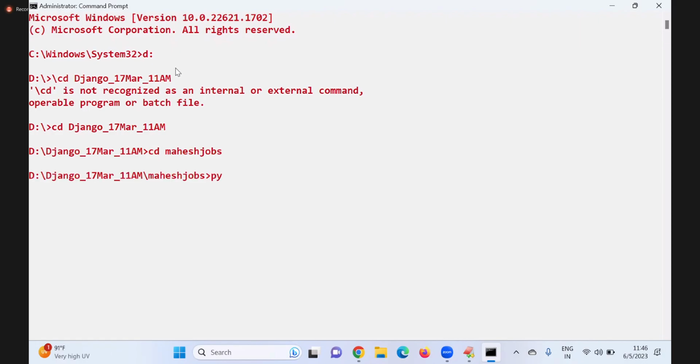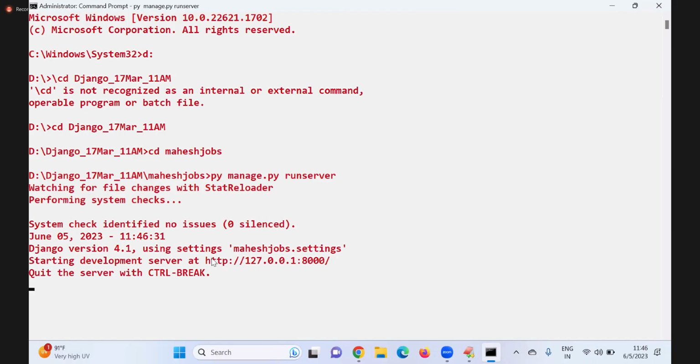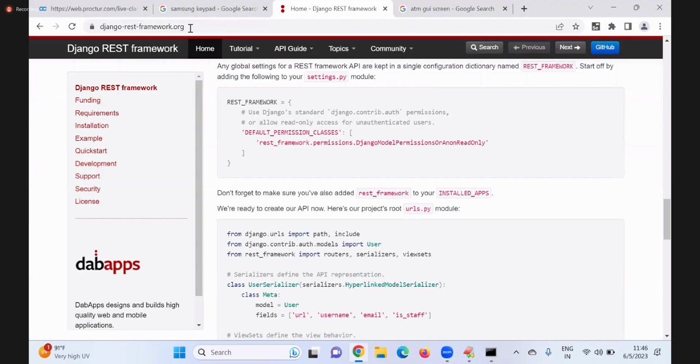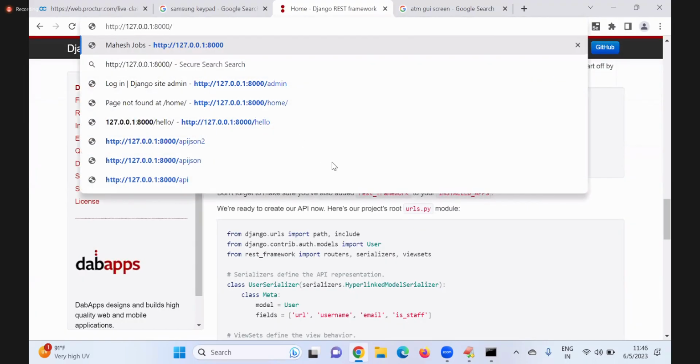Sir, tomorrow once again the previous commands: how to create a project, how to create an app, settings.py, views.py, URLs, the story starts again. Run server. Check it carefully now. Why is an API required for my Django application? Now we will get clarity. Copy. Paste it. Yes, very good.